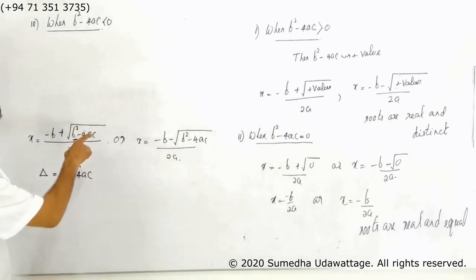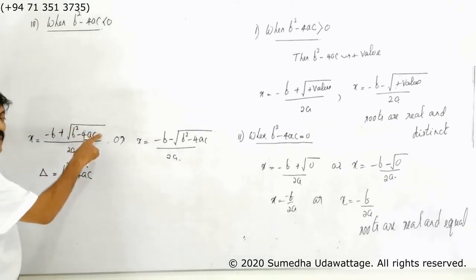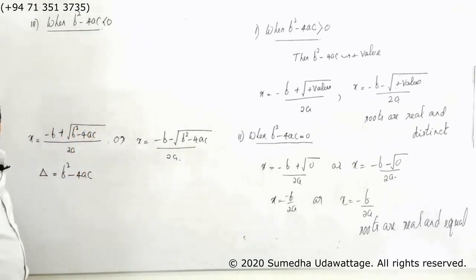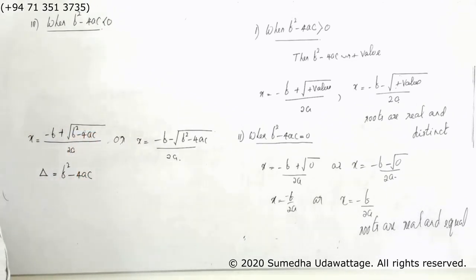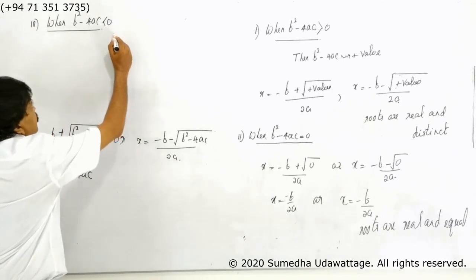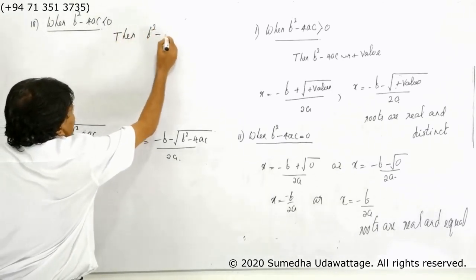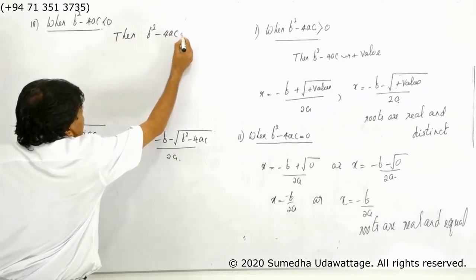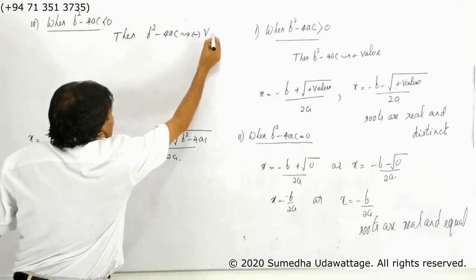We considered b square minus 4ac plus, and b square minus 4ac equal to 0. Then we talk of b square minus 4ac less than 0. So then b square minus 4ac is a minus value.